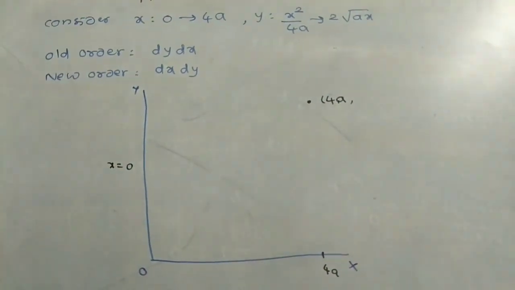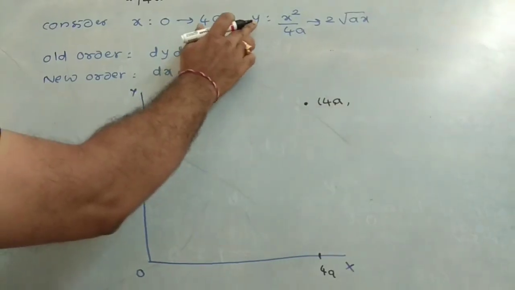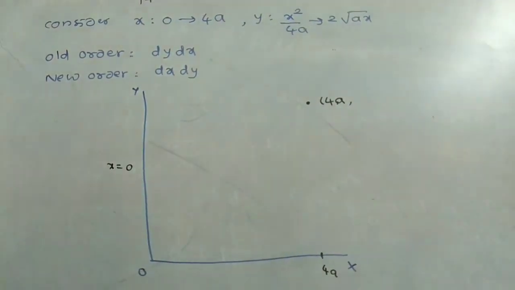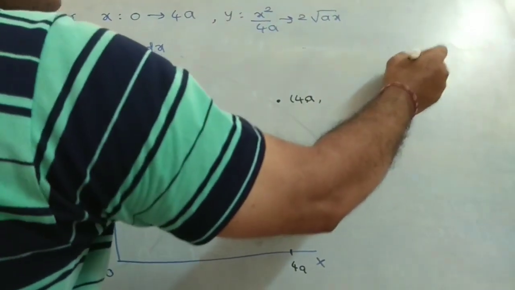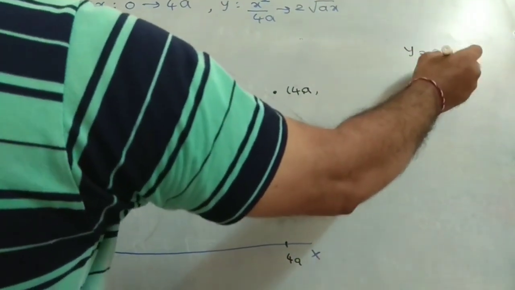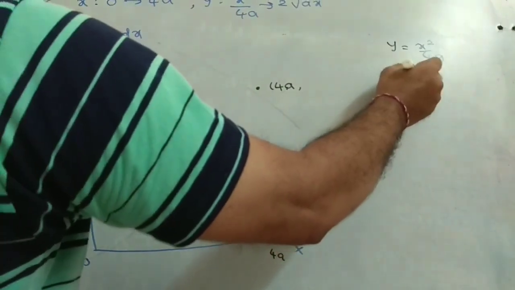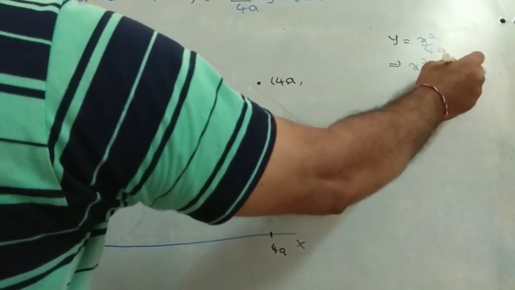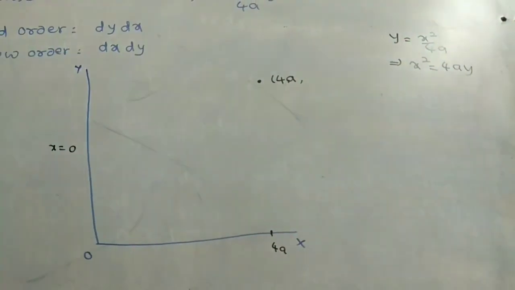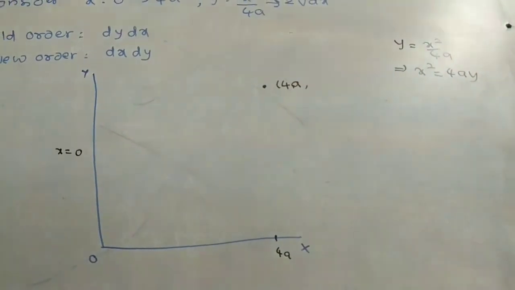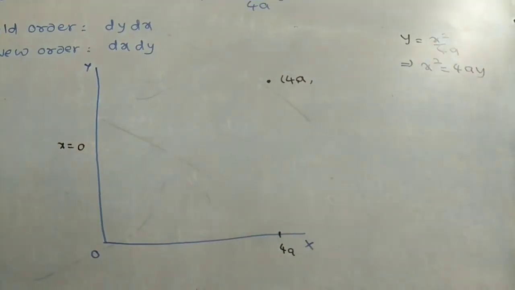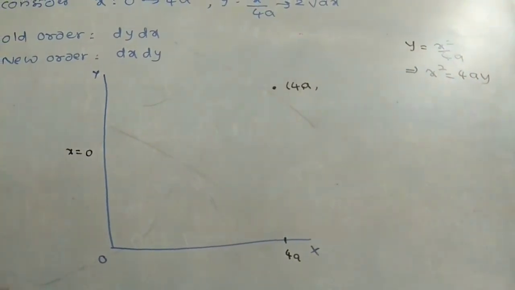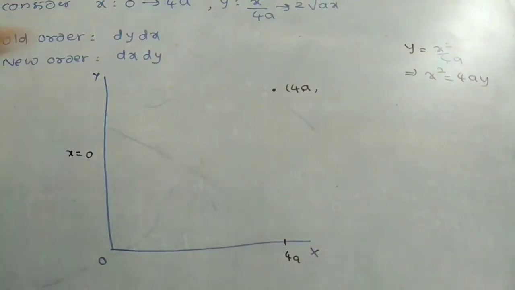Now coming to the y. What do you think about y equal to x square by 4a? If I take cross multiplication, x square equals 4ay. What about that equation? That is nothing but a parabola equation. So x square equal to 4ay is a parabola curve symmetric about the y-axis.